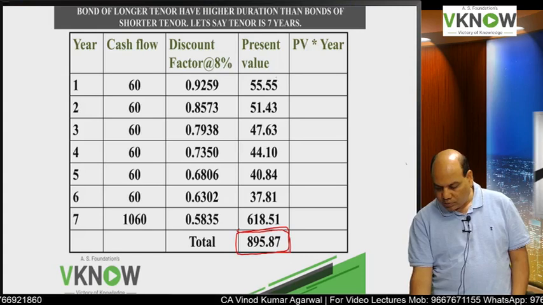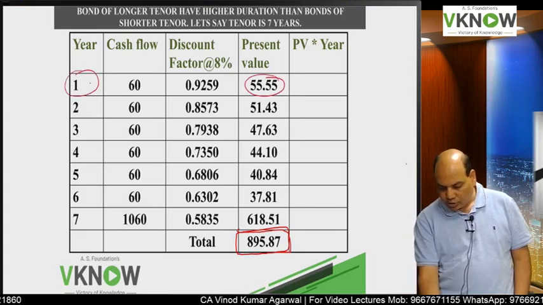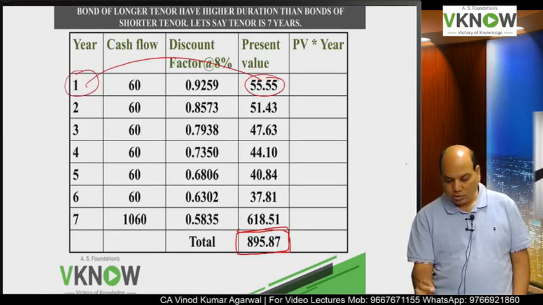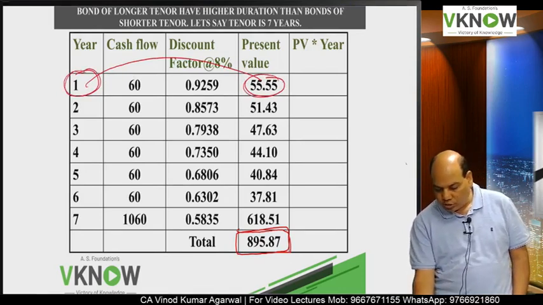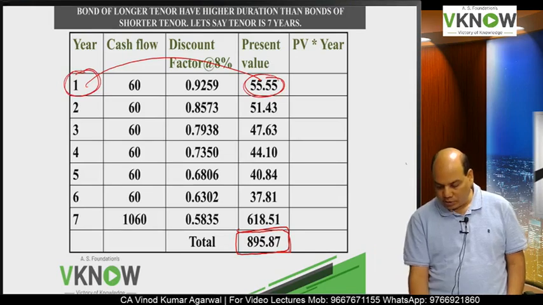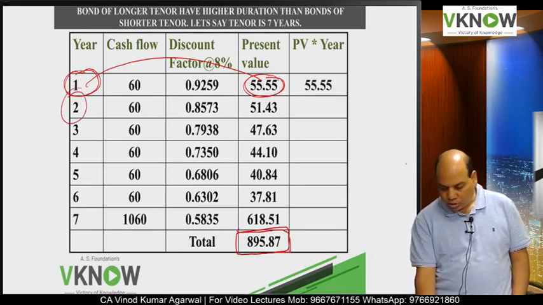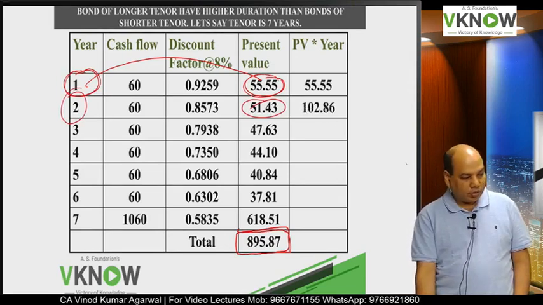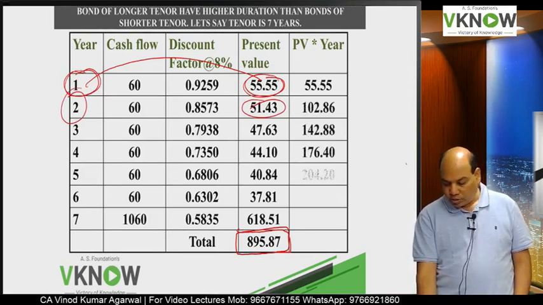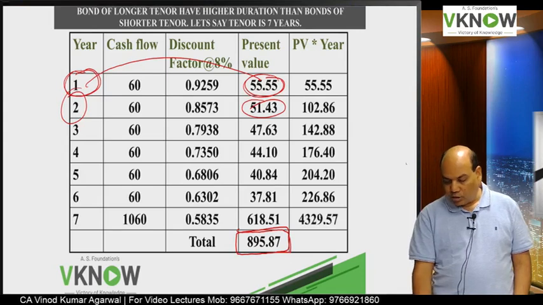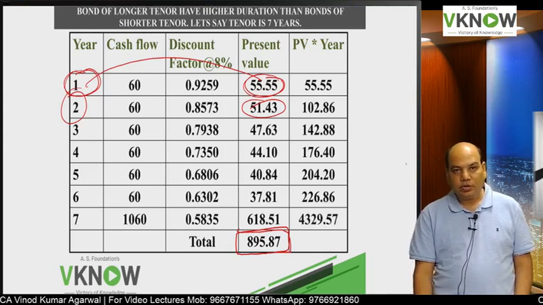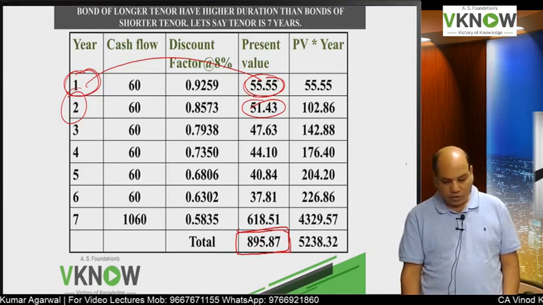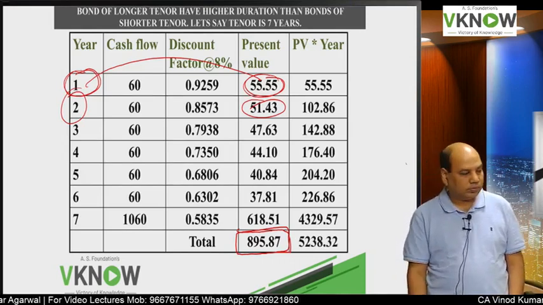Now next column is multiply these two columns and you use memory plus function also. 1 into this equal to memory plus. 2 into this equal to memory plus. Similarly continue, and after you have done all the 7th year, memory recall function. So what is the total of this last column?